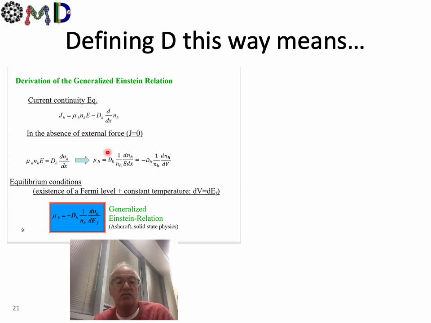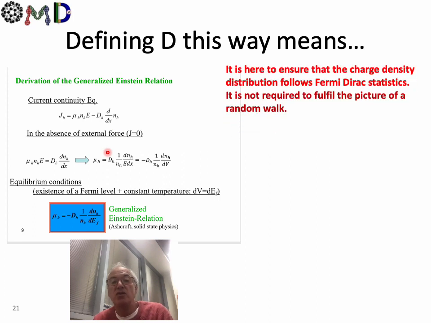It's very different. So actually, what we are demanding or requiring here is that Fermi-Dirac statistics will be maintained. So if your material is going to obey thermodynamics, then the generalized Einstein relation is applicable.